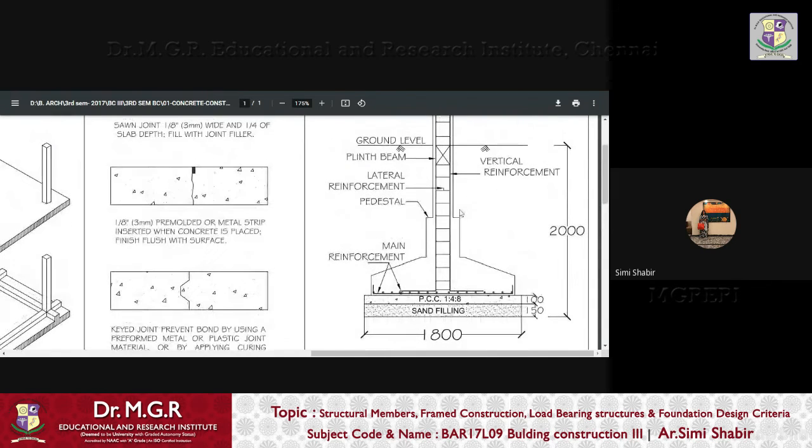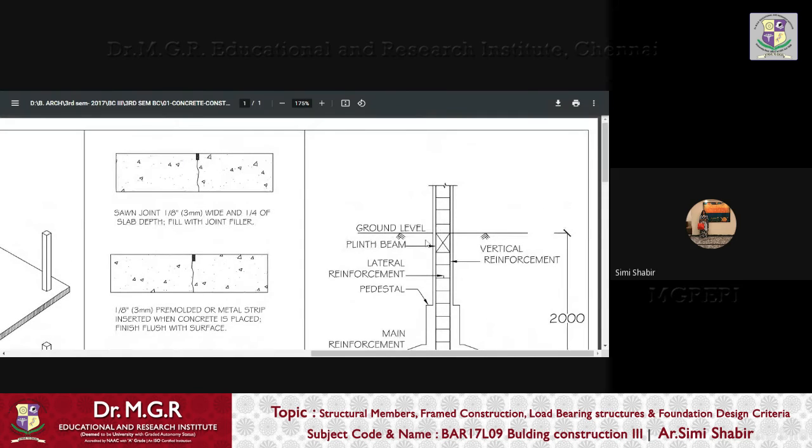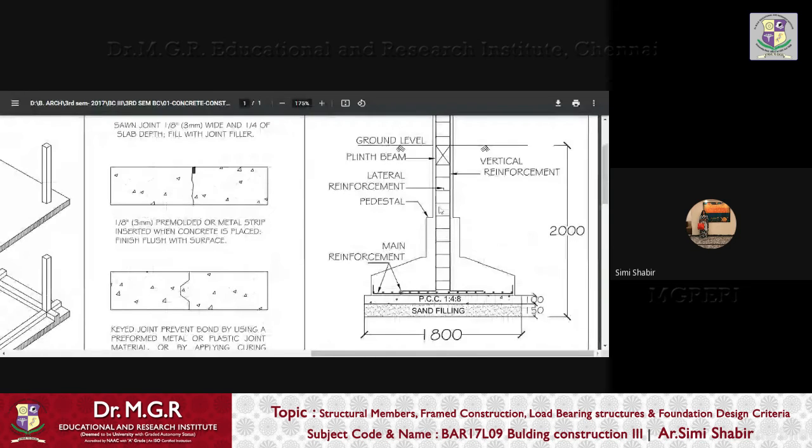As you go up here you can see the lateral reinforcement which is actually parallel to the base of the sand filling. Here you can also see the vertical reinforcement on the left hand side and the right hand side, which is provided to take care of the tensile stress of the vertical member. So here you can see the ground level, and this extends up beyond the ground. So this is the plinth beam that you can see over here.